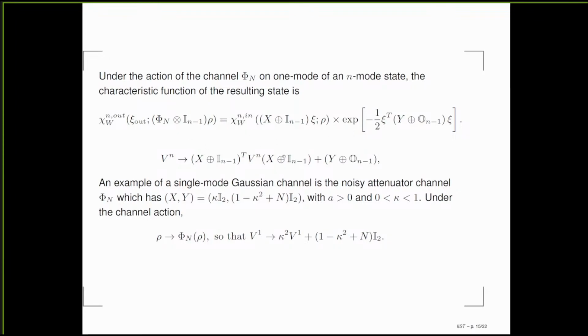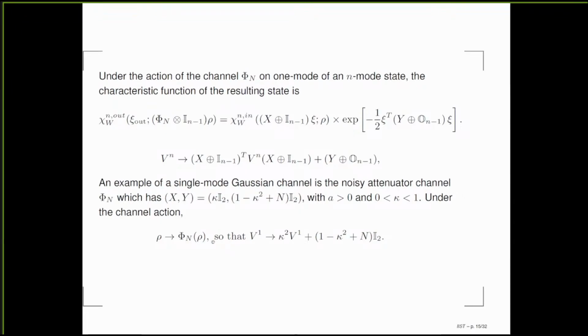A particular example of a Gaussian channel is the noisy attenuator channel, whose X and Y are defined in this manner. I should have called this N; the noise factor is greater than 0 and kappa less than 1.